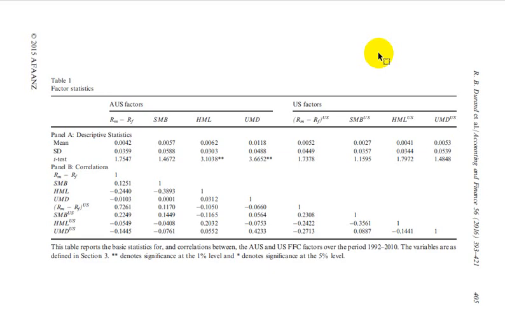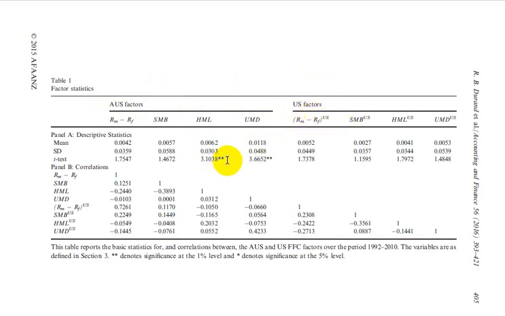So they start digging in here at table 1, and this is the four-factor model, where we have the market return, small minus big, which is the size, high minus low book to market values, which is the value factor, and then up minus down, which is the momentum factor. And we have the cross-section of Australian returns regressed on the Australian factors, as well as the U.S. factors.